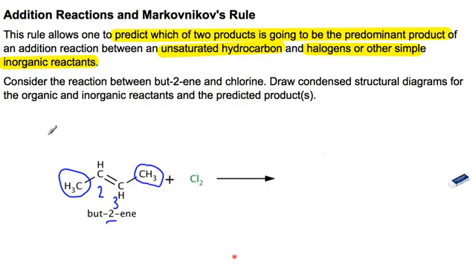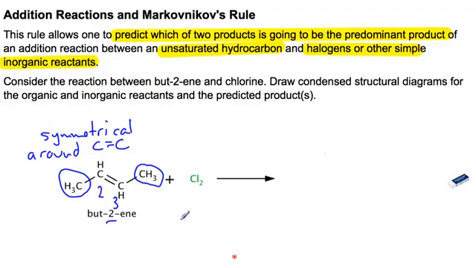And so we can classify this alkene as symmetrical around the double bond. And so that's an important point to realize. That symmetry is going to affect how the reaction plays out. So that's our organic reactant.